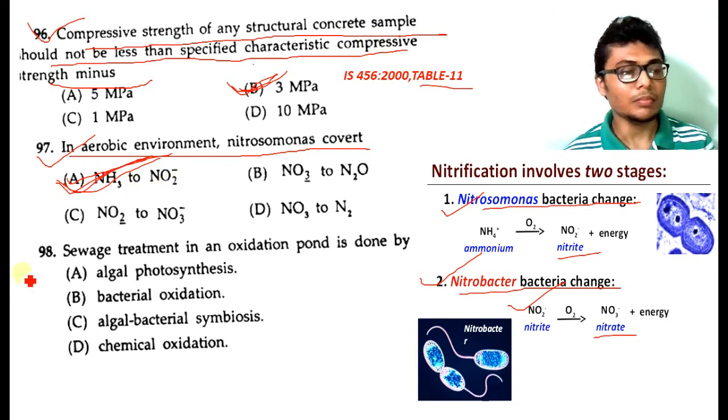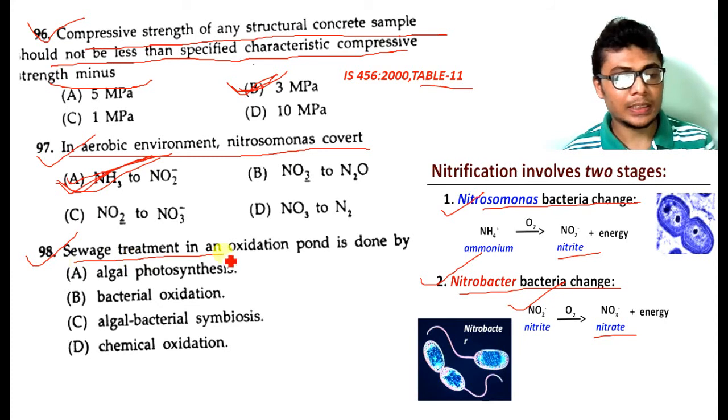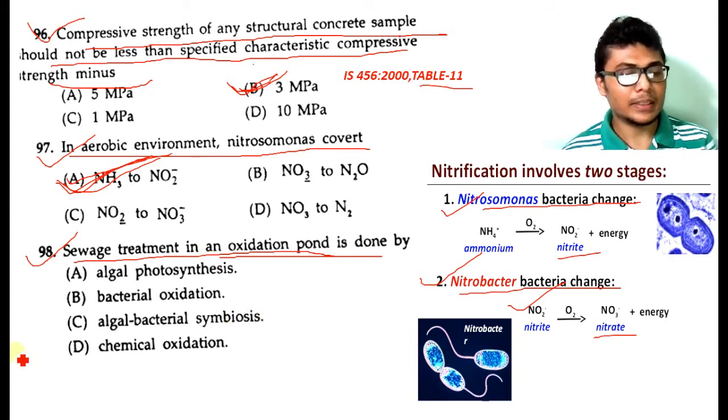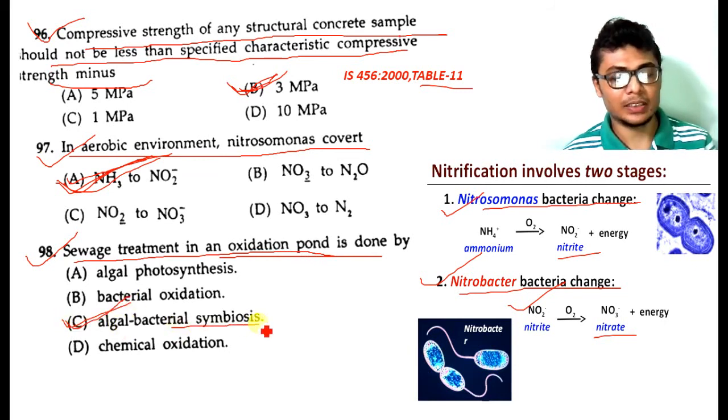Clear? Next question: sewage treatment in an oxidation pond is done by? This is a direct question from environmental engineering, and the answer will be C, algal bacterial symbiosis, also known as a symbiotic relationship.